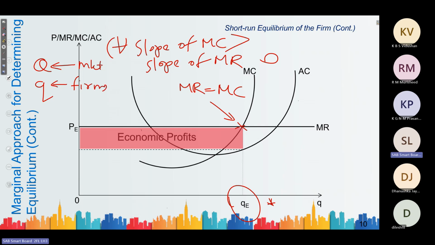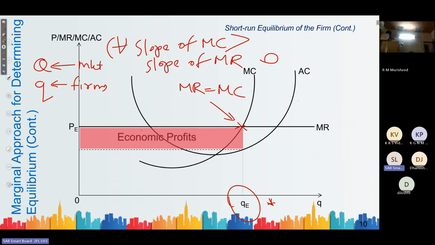Notations don't matter, but if you want, you can use capital Q to show market quantities and simple Q to show firms' quantities. Even if you want, you can use capital Q to denote firm's output level. That is also fine. So here I have used simple Q, so don't get confused. It's again about the quantity.